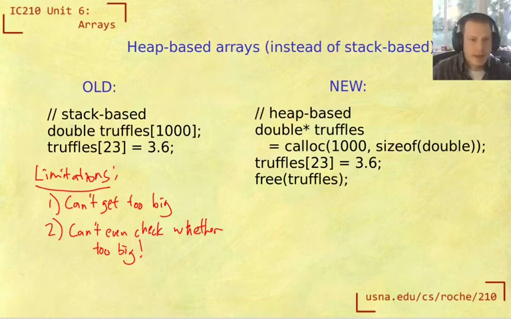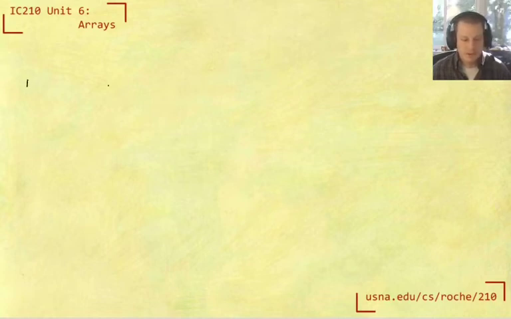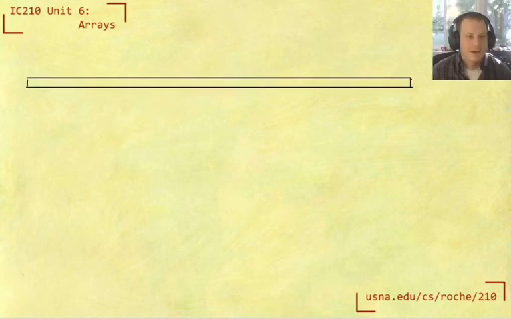Let's look again and think again about our diagram of how memory is laid out in the computer. This will help us understand what the limitations are for stack-based allocation, and also will tell us what we're going to get from heap-based allocation and why that's able to be a little bit better. So there's my diagram of all of your RAM.